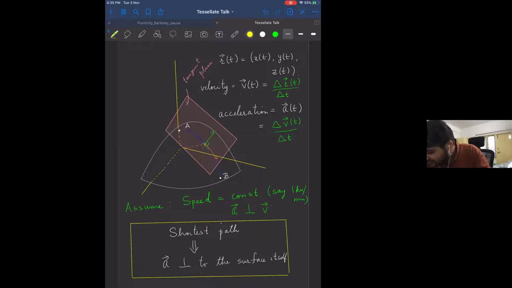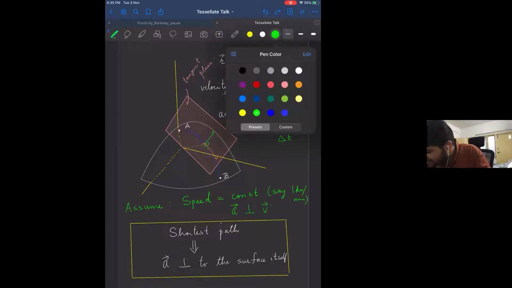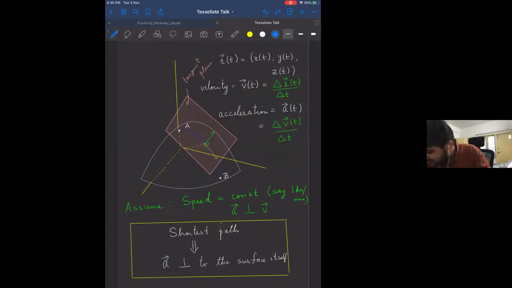Maybe let me draw a better picture. Let's say this is another thing perpendicular to the velocity and the acceleration. Now imagine the acceleration vector. You know that it's perpendicular to the velocity vector, but there are 3 perpendicular directions: the acceleration vector, the velocity vector, and then this blue perpendicular direction.